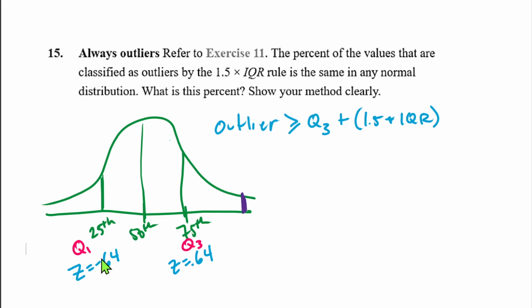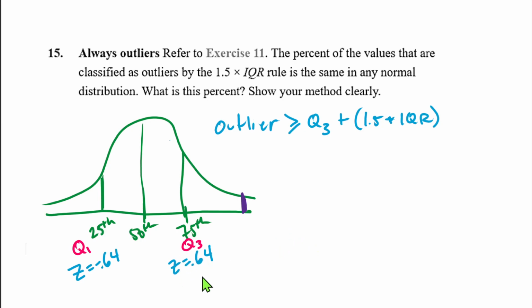So let's start by finding the IQR. Now, the IQR is usually expressed as x values, but we can actually use z values. You can't add and subtract percentiles, but you can add and subtract z-scores, just like you can add and subtract x values, because really z is just a number of standard deviations.